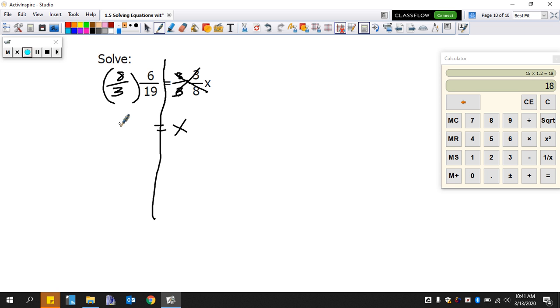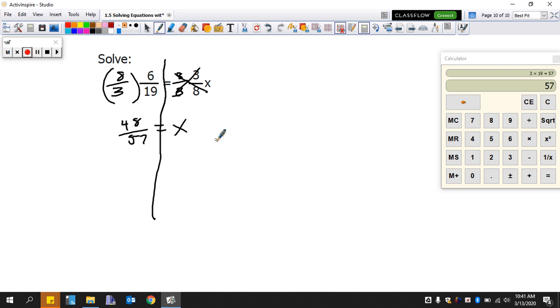6 times 8 is 48 over 3 times 19 is, I think, 57. I'm going to double check. Yes, so 48 over 57. And then we can see if we can reduce that. What goes into 48 and 57?